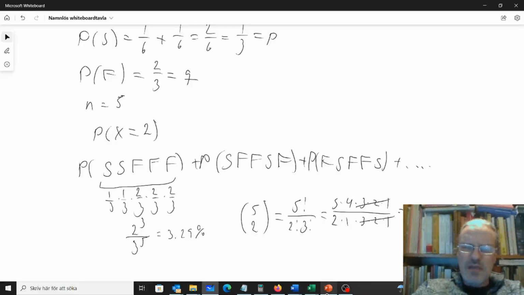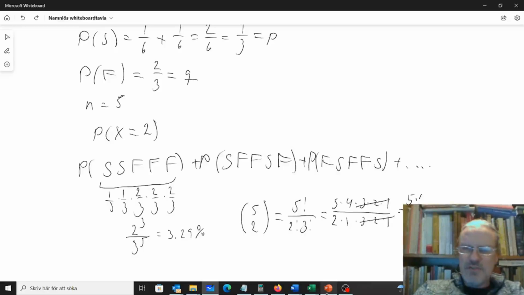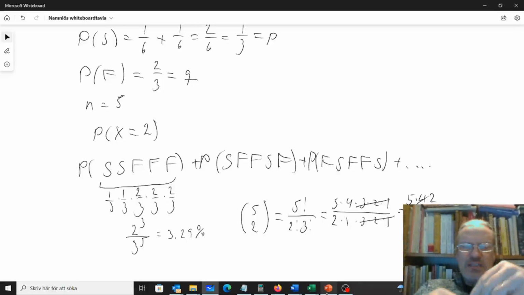So I would take the lower number, write out its factorial, and then I take the upper number and write equally many factors of its factorial, so that would be 5 times 4. So we can cancel a little bit here, so that would be 5 times 2 left, so that would be 10. So in other words, it's 10 ways to select 2 successes out of 5 trials.